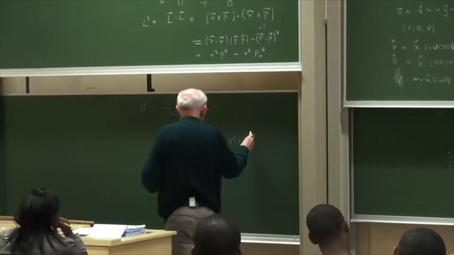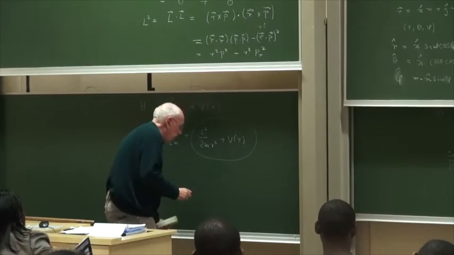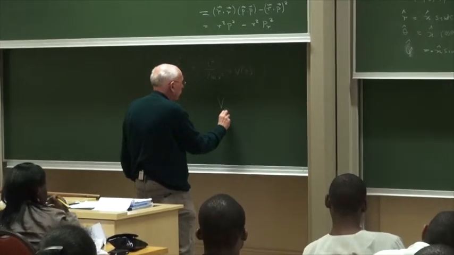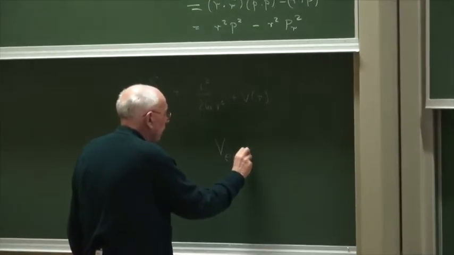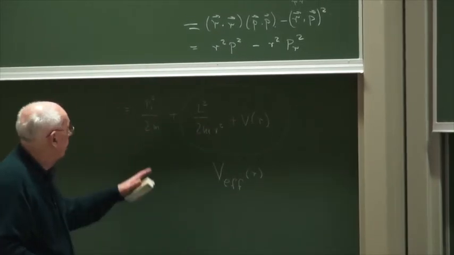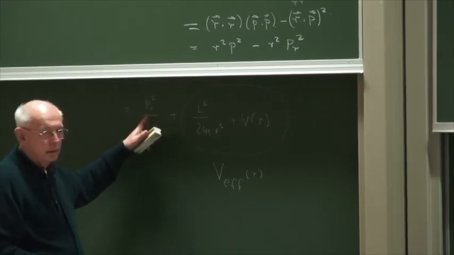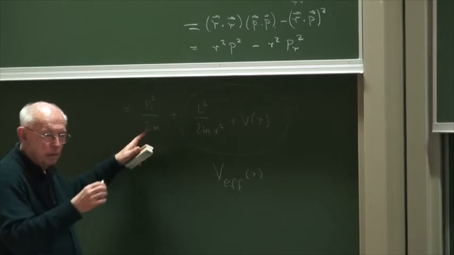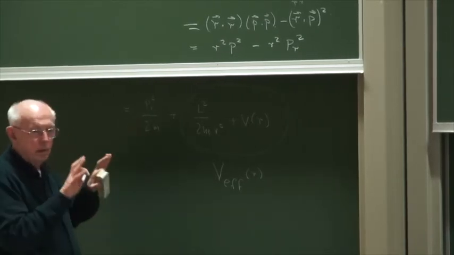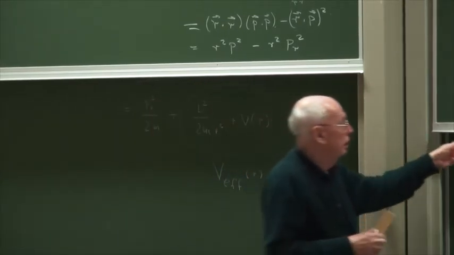And the new potential is this thing, which I will call V effective. This is an effective potential. It depends on R, and the momentum is the momentum that is in the R direction. And so I have a totally one-dimensional problem from the three-dimensional problem.